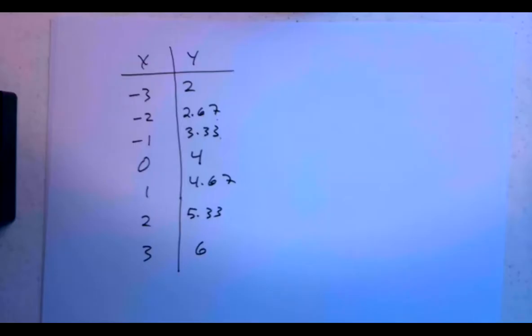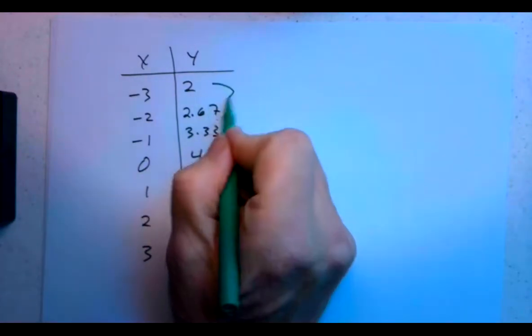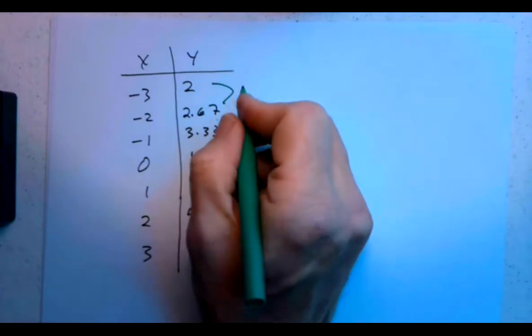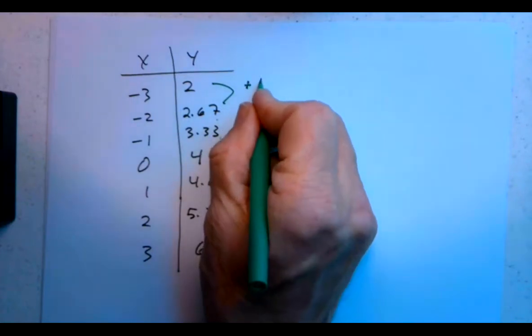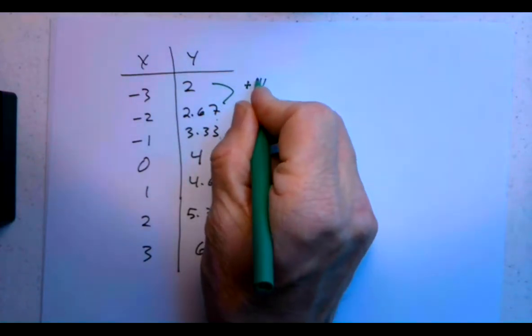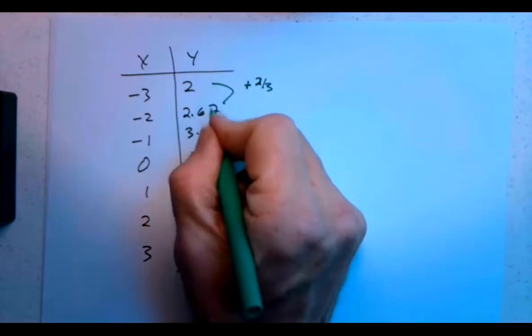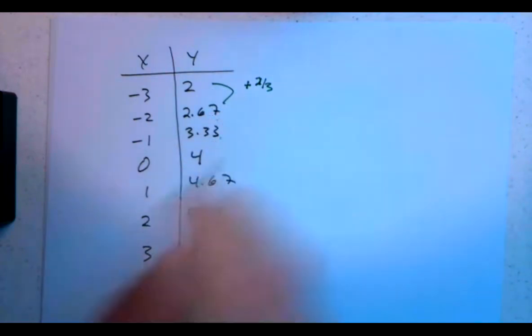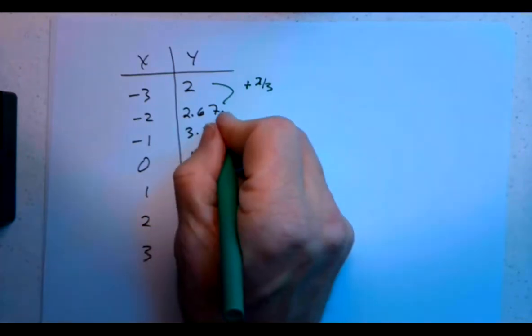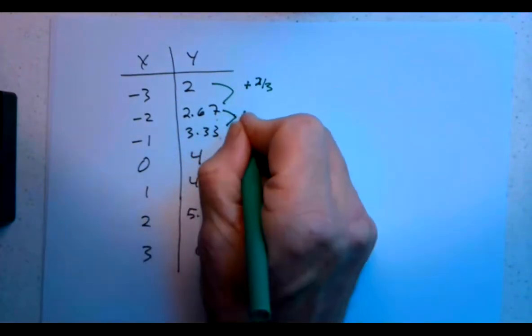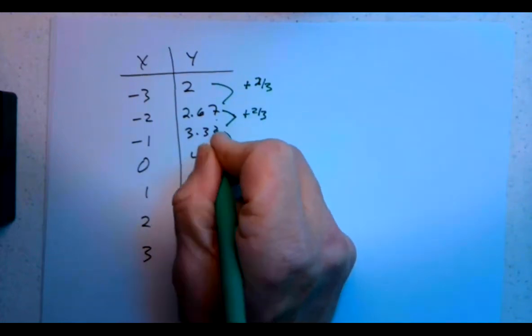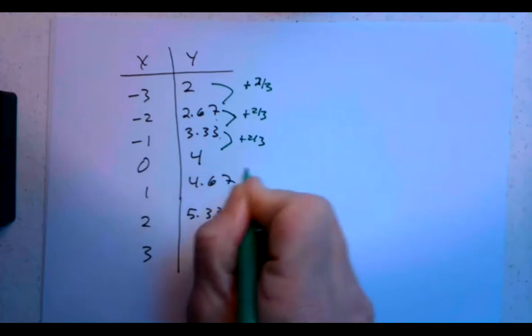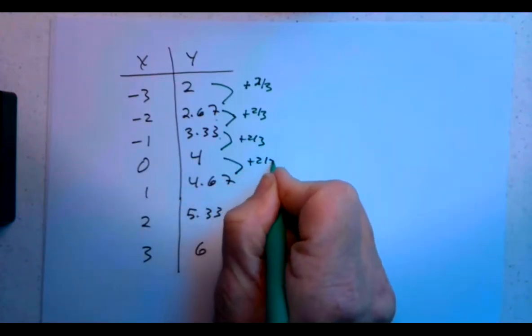So do we see what's happening here? From 2 to 2 2/3 is up 2/3. From 2 2/3 to 3 1/3 is up 2/3. From 3 1/3 to 4 is up 2/3. From 4 to 4.67 is up 2/3.